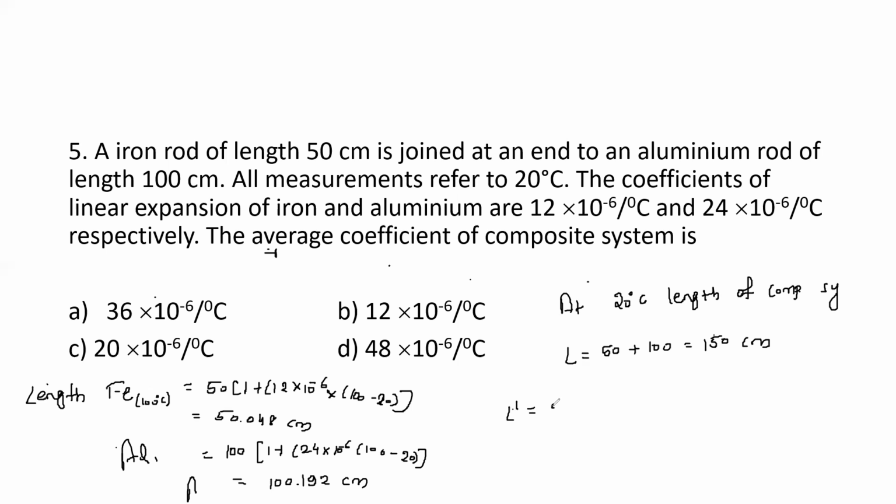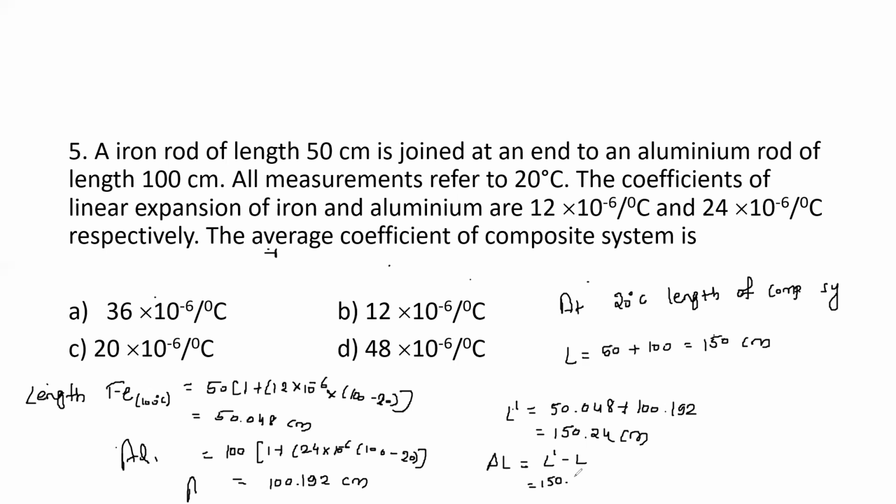Okay, at 100 degrees Celsius, the length of composite system is given by L dash is equal to 50.048 plus 100.192. This is equal to 150.24 centimeter. Then change in length of the composite system is given by, delta L is equal to L dash minus L. So L dash value is how much?